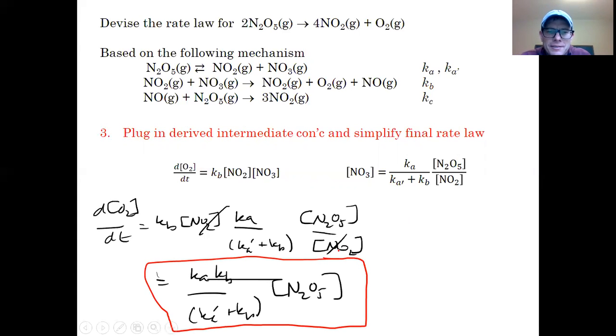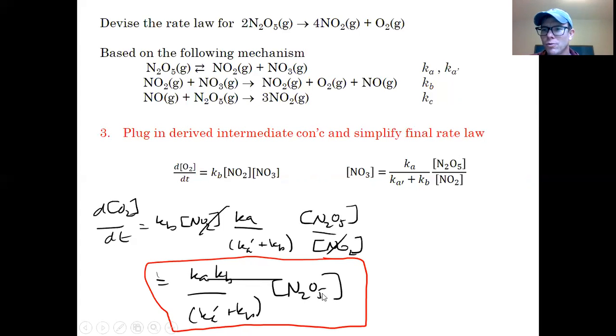So this is interesting, right? All of these steps, four different steps, produce a simple first order expression, which depends on N2O5. Again, this is saying that this first step, where N2O5 falls apart and makes the intermediate, is slow.